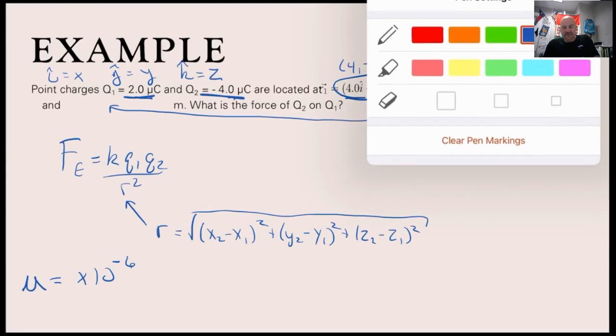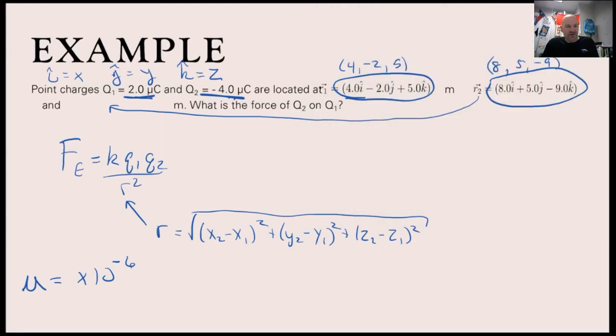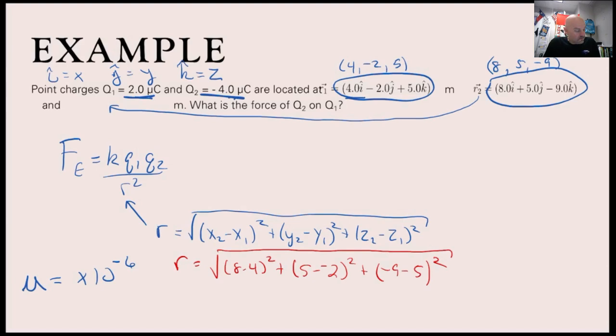Right? So even though this is three-dimensional, what you learned in math class holds true, right? You just add in the z direction. So we would do the square root of 8 minus 4 squared plus 5 minus negative 2 squared plus negative 9 minus 5 squared. And so what we'll find is that this ends up being 16.2 meters. So that's how far they're separated.